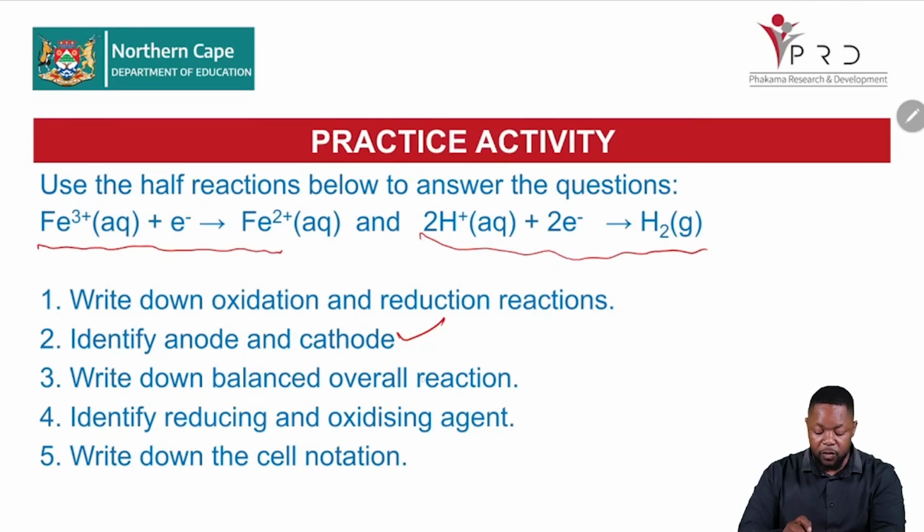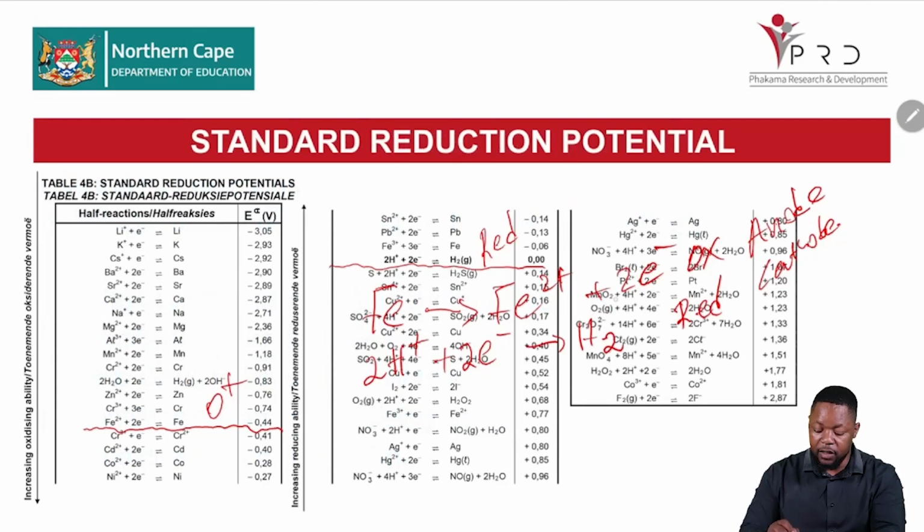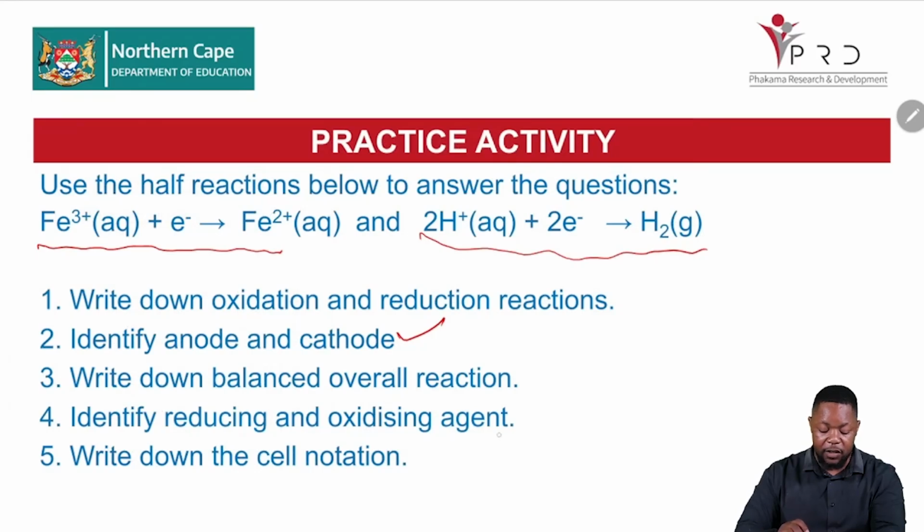Write down the balanced overall reaction. To write the overall balanced reaction, we check the electrons. If the electrons are equal, we omit them. We add what's on the left, and we also add what's on the right. And then we need to identify the reducing and oxidizing agent.